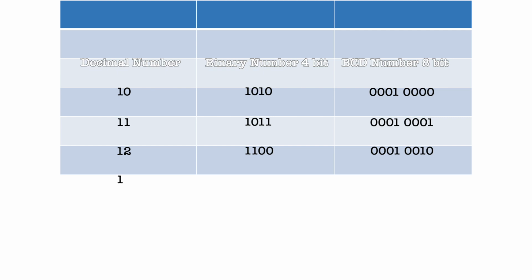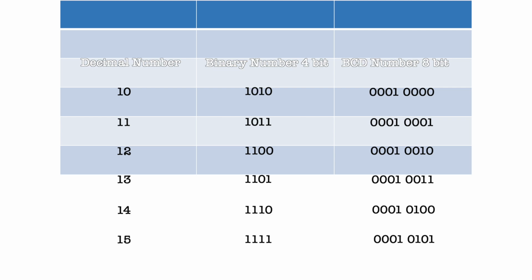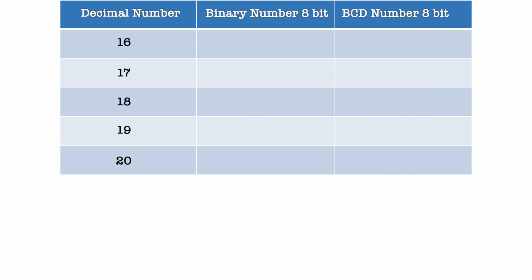Similarly, 13 is represented by 1101 in binary, but in the case of BCD it is represented by 0001 0011, and so on. 15 is represented by 1111, but in the case of BCD you can see here it is represented by 0001 0101. And similarly you can see for 16, 17, 18 and 19 in the binary numbers and the BCD numbers.